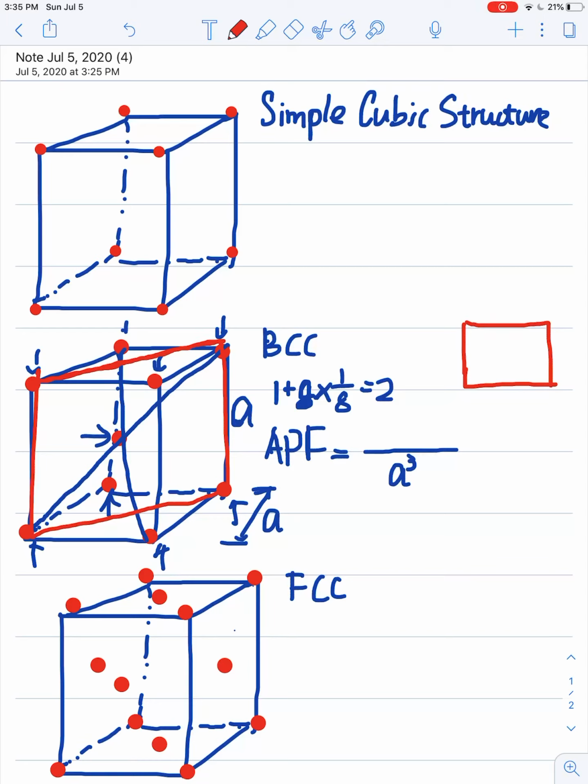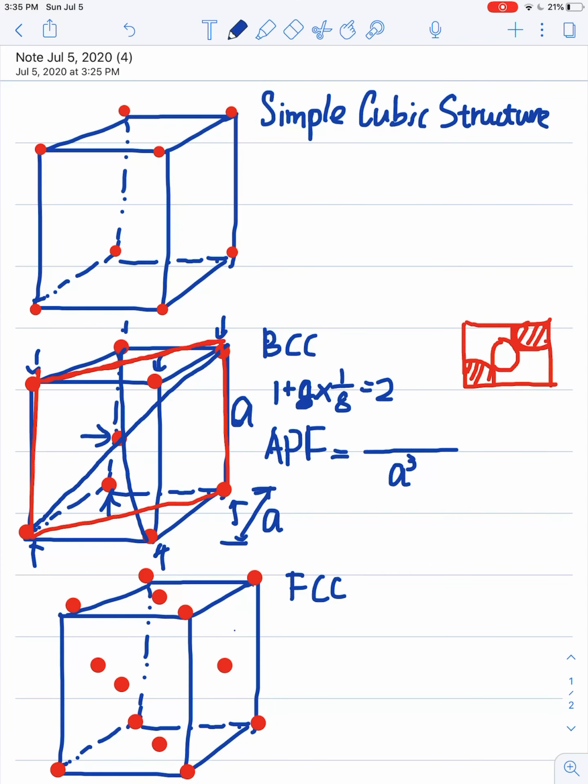At the center, we're going to have an atom, and at the corners we have other atoms. So actually the atoms touch each other, and on both corners we have a quarter of a sphere, and at the center we have a full sphere.